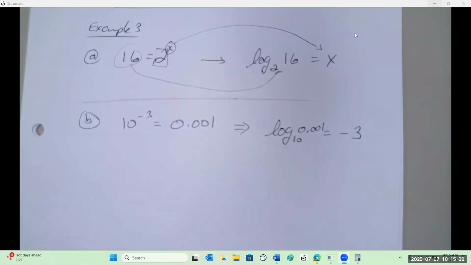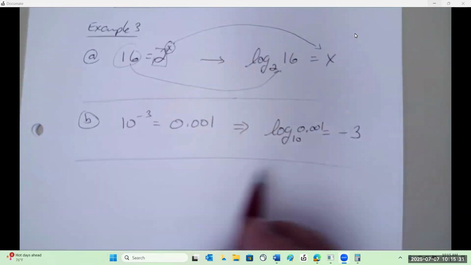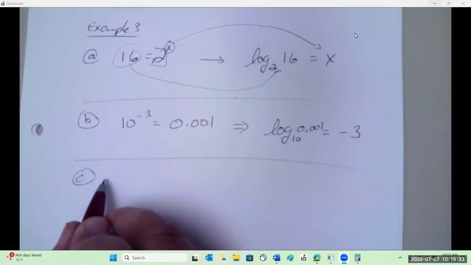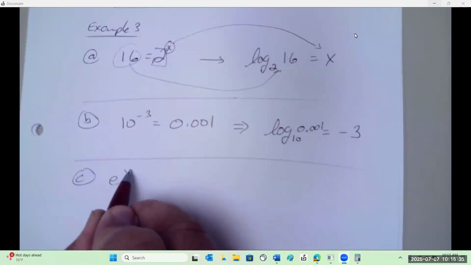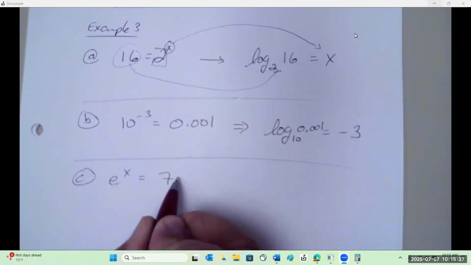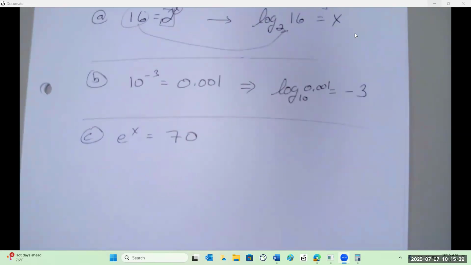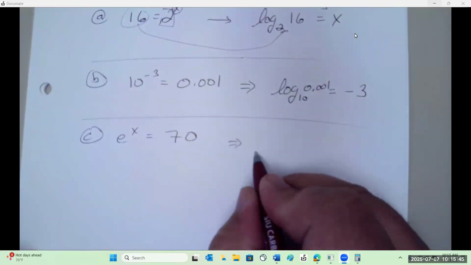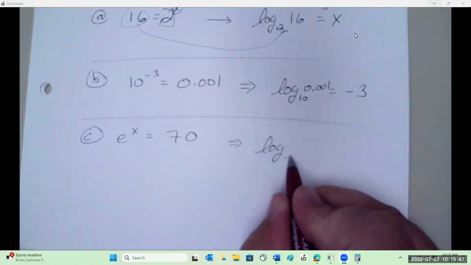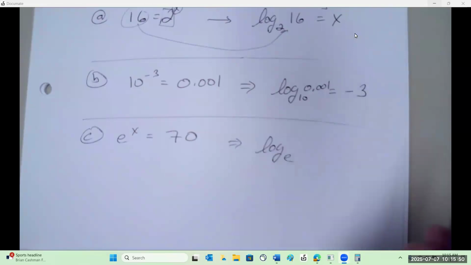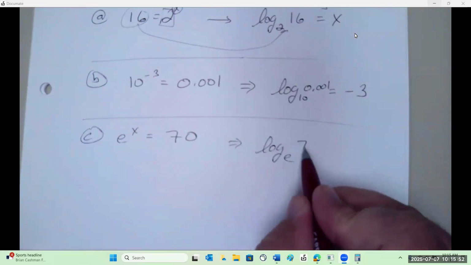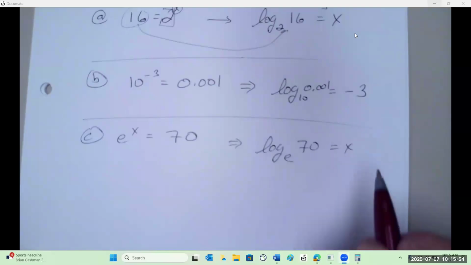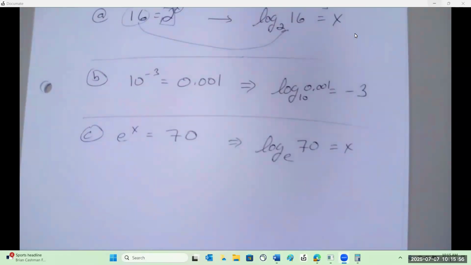So you have to switch x and y. e to the power x is equal to 70. So what's my log? Log base e of 70 equals x. Very good. That's all there is to it.